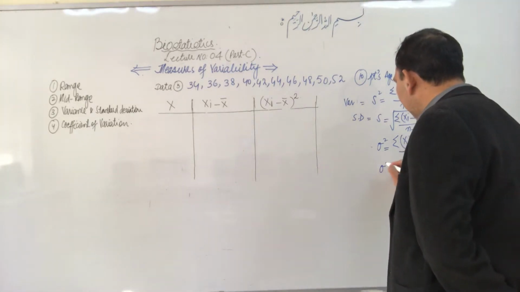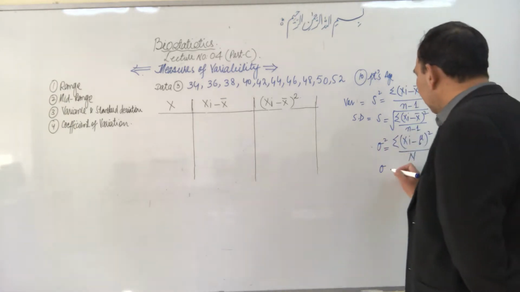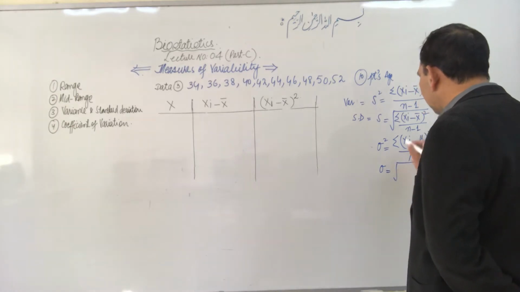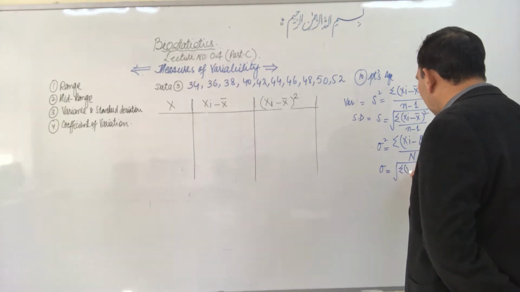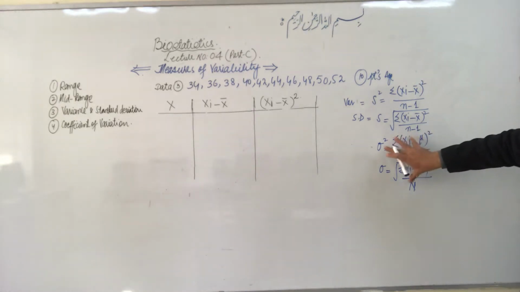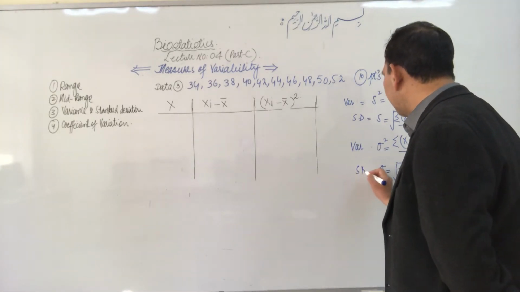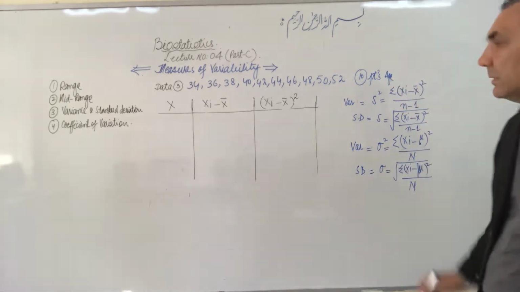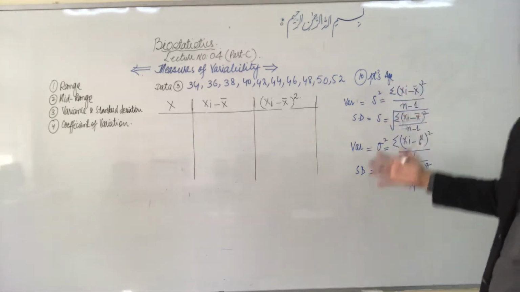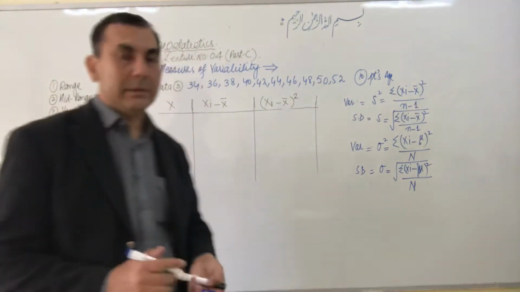Now in the same one, we remove the square on the sigma square, then we put the square root on the same formula: xi minus mu whole square divided by N. So this formula is for the calculation of the variance and standard deviation of the population, and the above ones are for the variance and standard deviation of the sample.